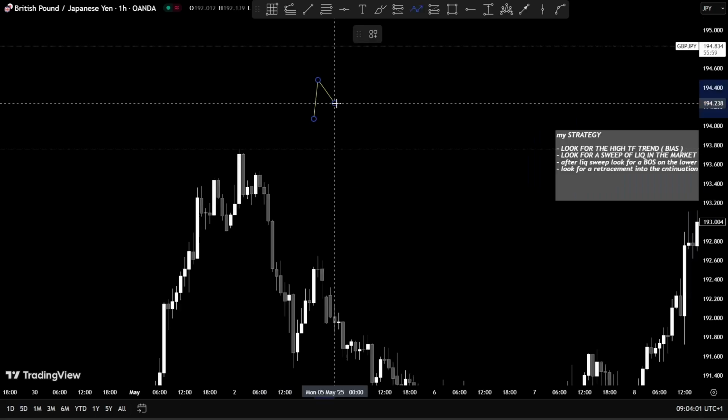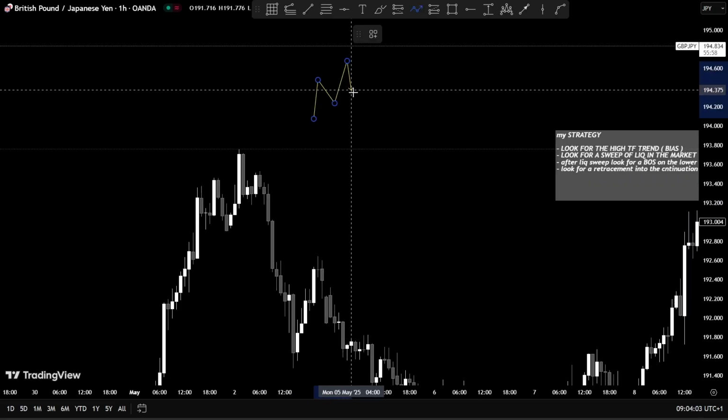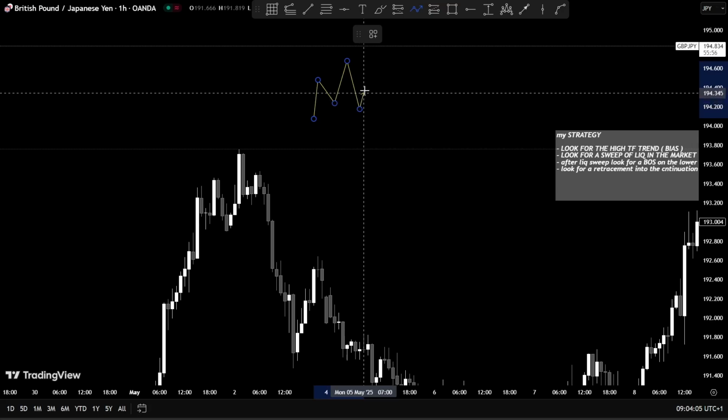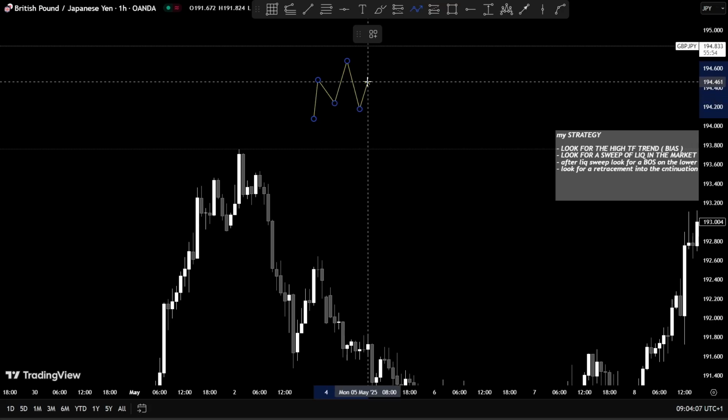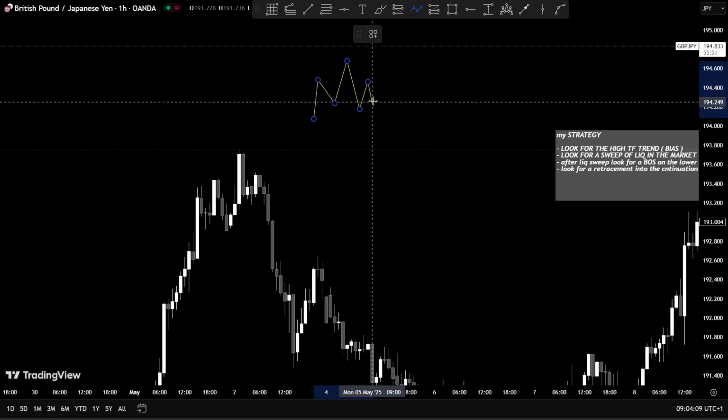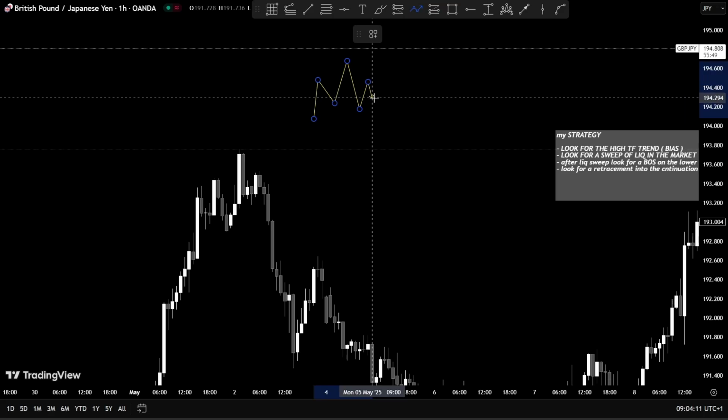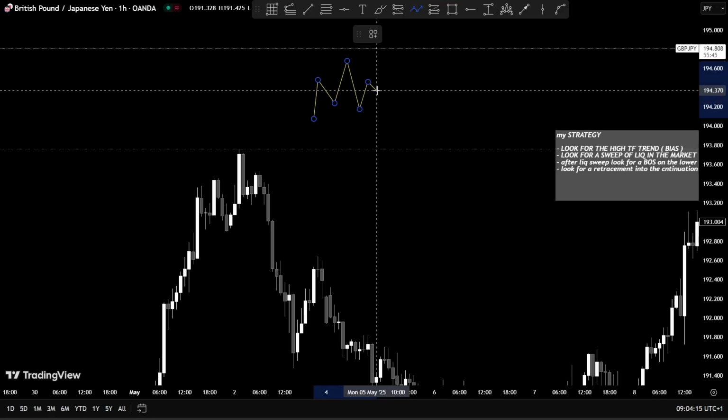So let's say we have a liquidity sweep, then we broke structure on the 15-minute, we wait for a retracement into the 15-minute continuation confluences, but then you need to scale down to an even lower time frame to spot the reaction from this continuation confluence.